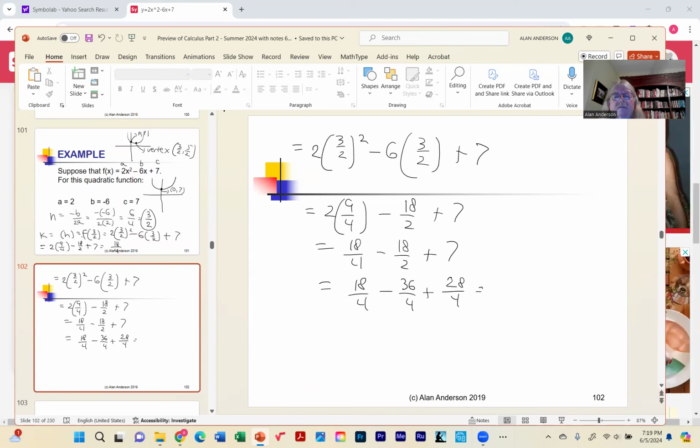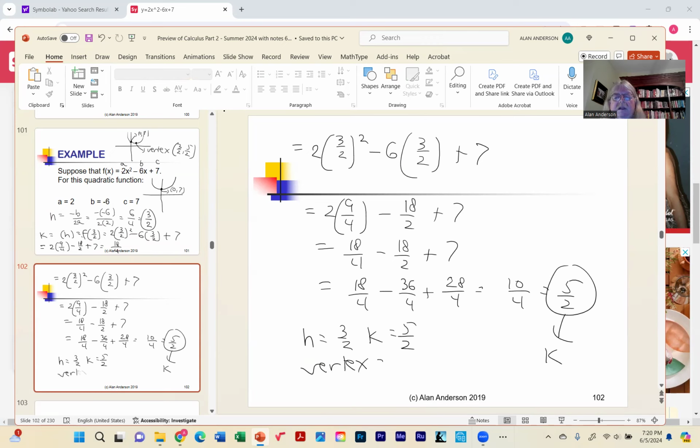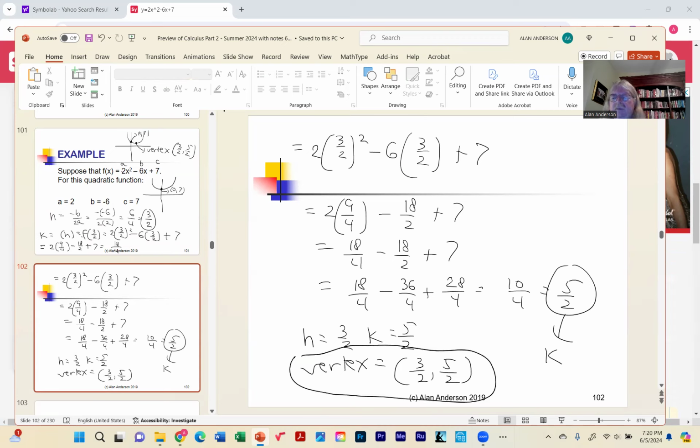And so this is 18 minus 36 minus 18. This is 10/4, which is 5/2. That's the value of K. So H is 3/2, K is 5/2. So our vertex is this point, just as Symbolab predicted.